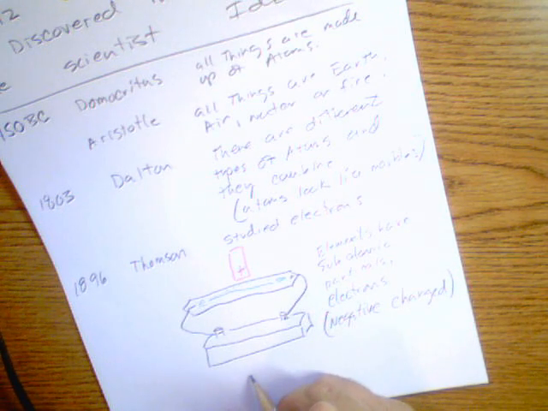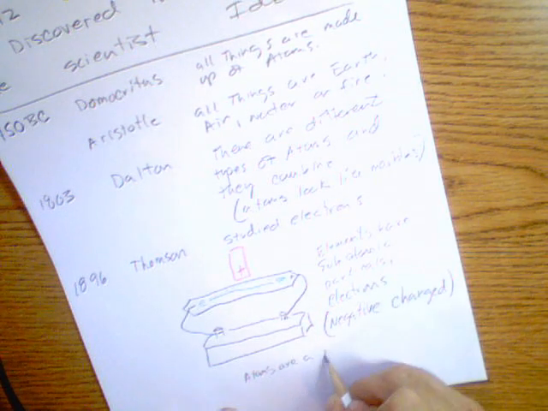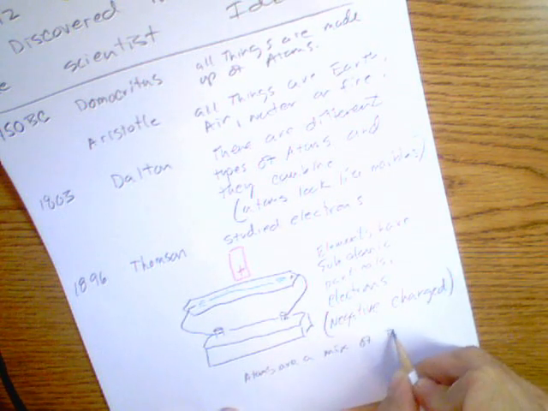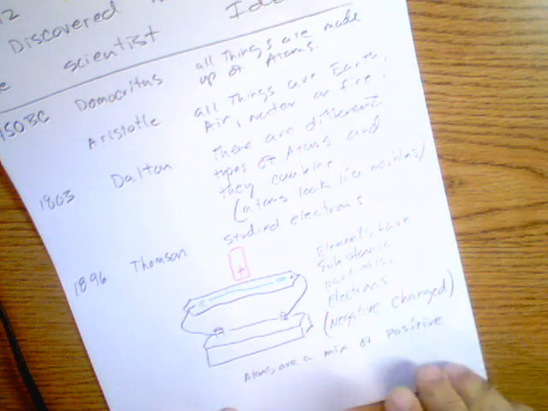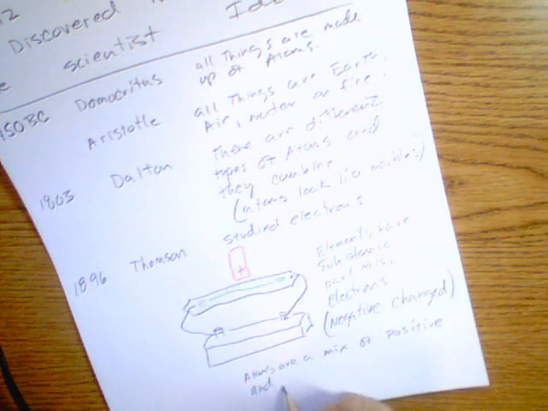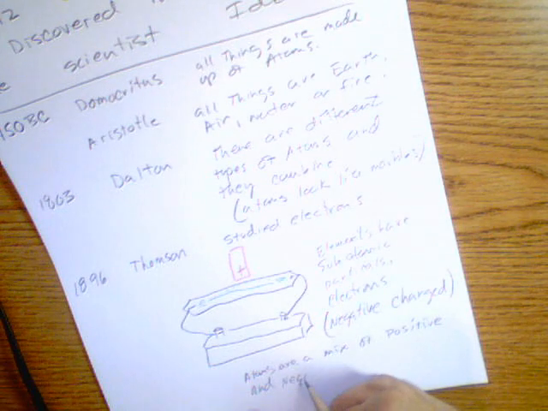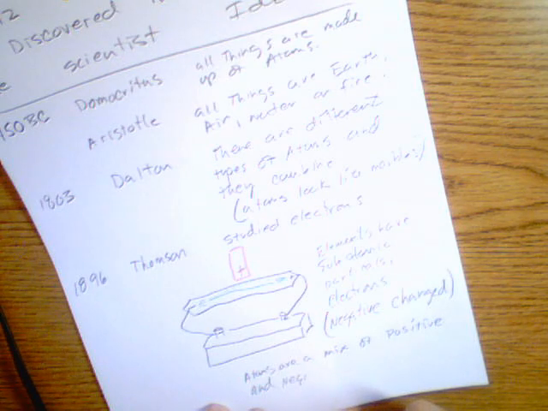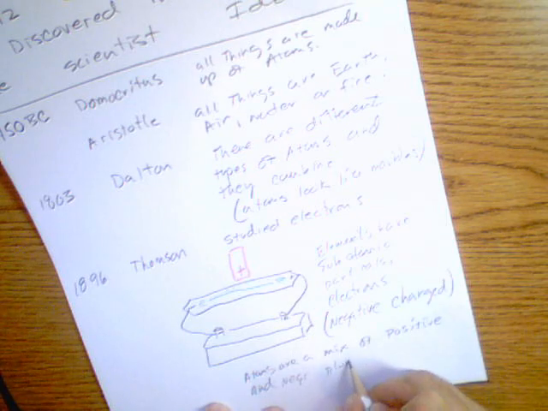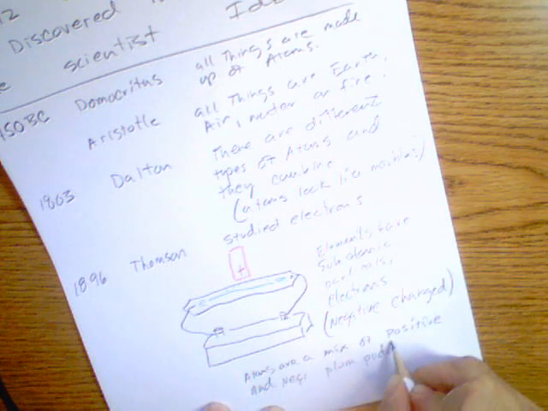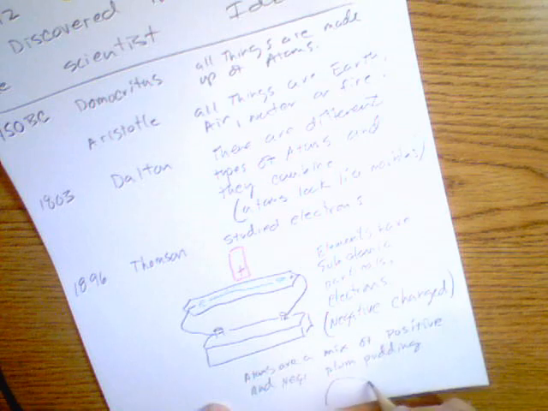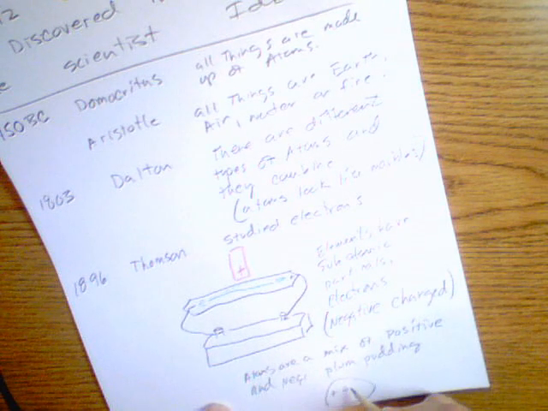And so his idea was that atoms are a mix of positive and negative. And this is what's referred to as the plum pudding, because it's just positive, negative, all randomly blended together.